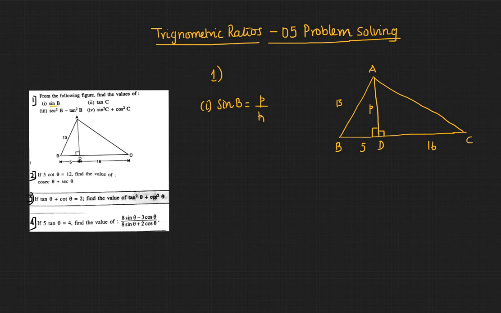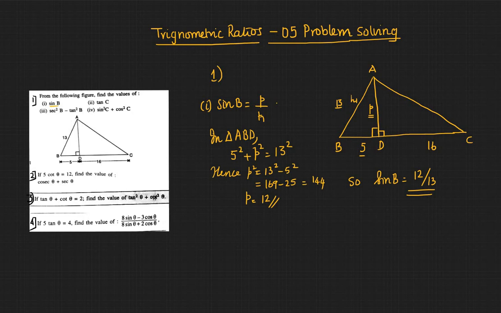So let me call it H1 in triangle ABD. Now we don't know the perpendicular, but we can find that out using Pythagoras theorem, right? So you can find P using Pythagoras theorem, because you know the other two sides of the triangle, and then you can find sine B. So I would urge you to pause the video here and try it.